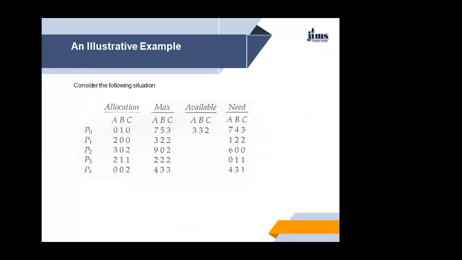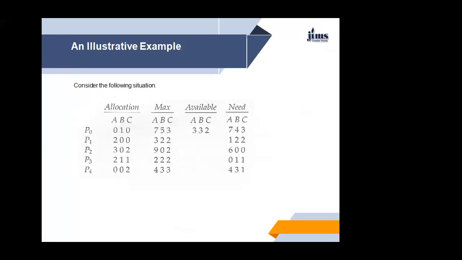Suppose that at time t0, the following snapshot has been taken. For P0, ABC allocation equals 0 1 0, and so on. This is the allocation, given for processes P0, P1, P2, P3, and P4.